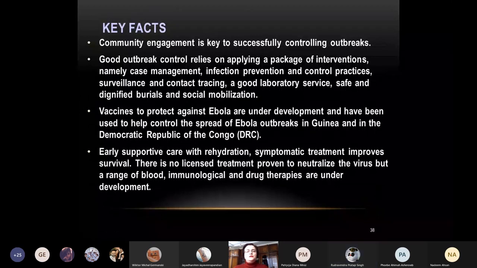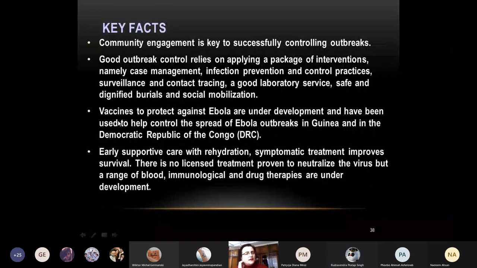Community engagement is key to successfully controlling outbreaks. Good outbreak control relies on applying a package of interventions, namely case management, infection prevention and control practices, surveillance and contact tracing, a good laboratory service, safe and dignified burial and social mobilization.